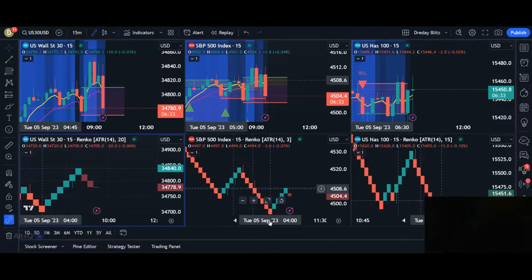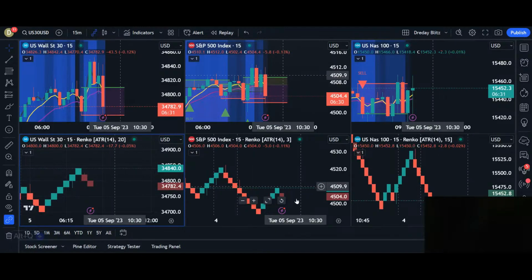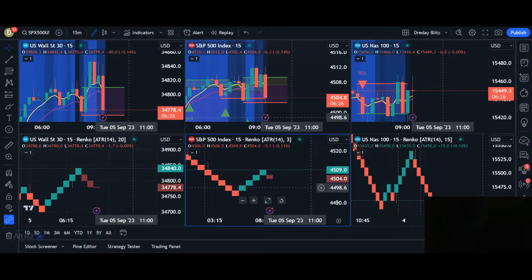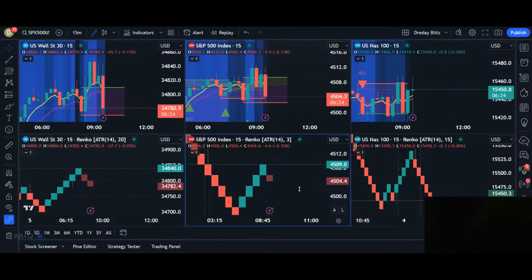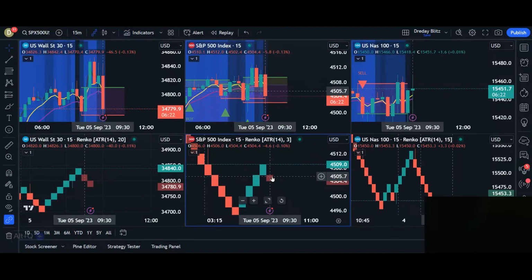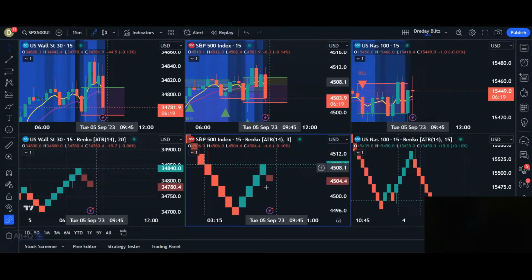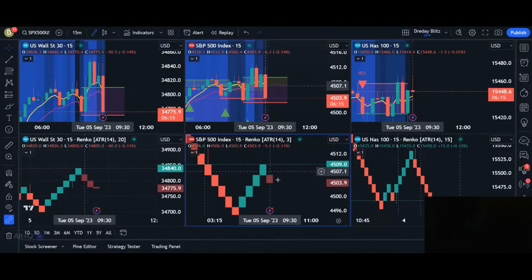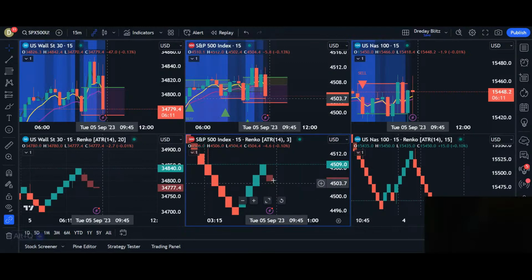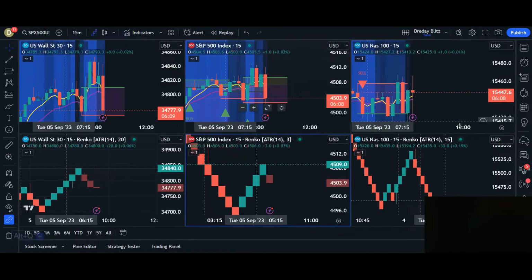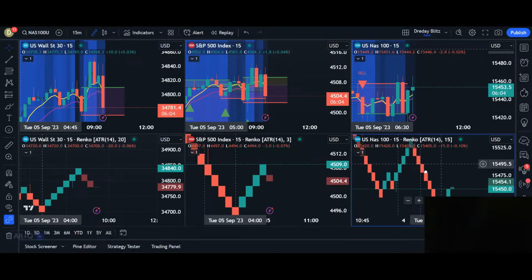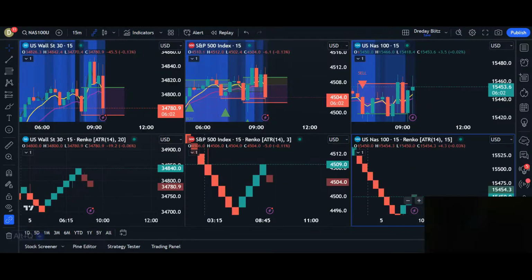Same thing here. Let's look at the S&P 500. Same thing. It's starting to reverse right here, but it's not fully plotted yet. So it's giving you an expectation of going down, but you never know. Let's look at the NAS 100.